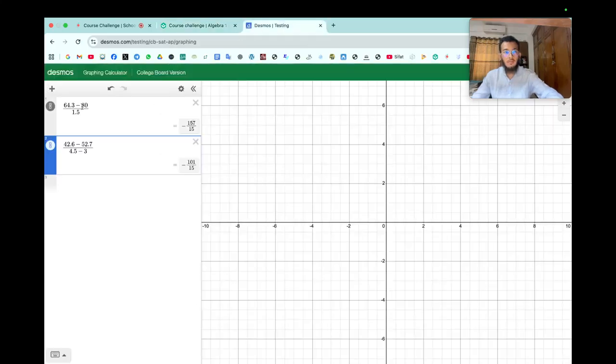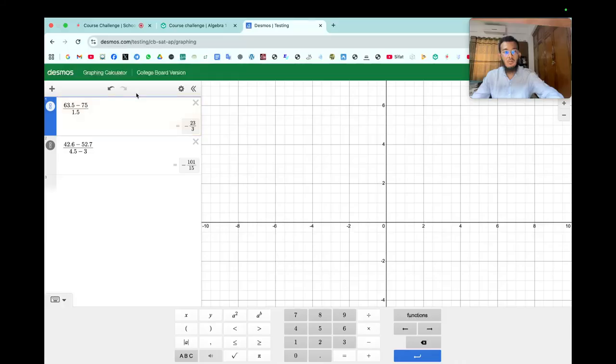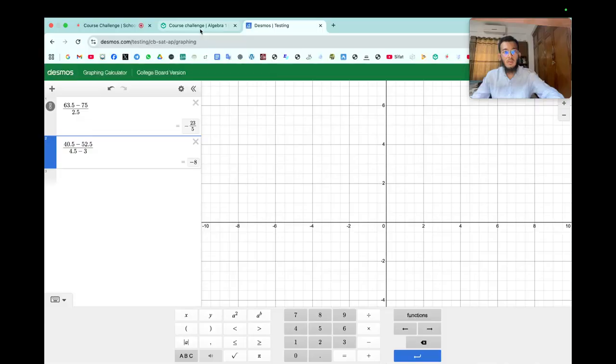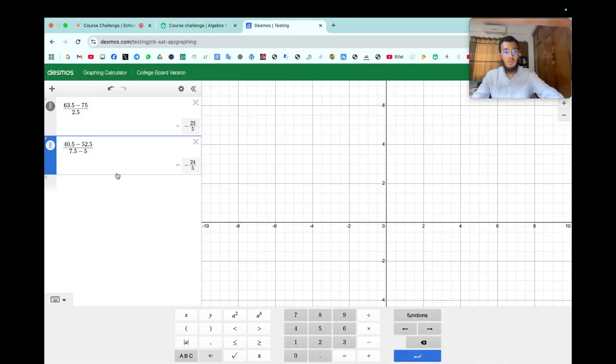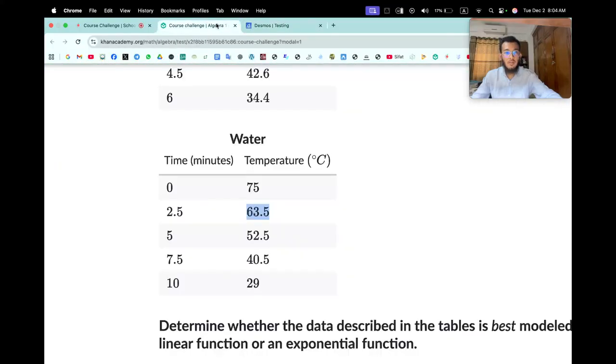What about water? Let's see. y2 minus y1 over x2 minus x1, 2.5, and again y2 minus y1 over x2 minus x1. 63.5 minus 75, 2.5 minus 0, then 40.5 minus 52.5, 7.5 minus 5.